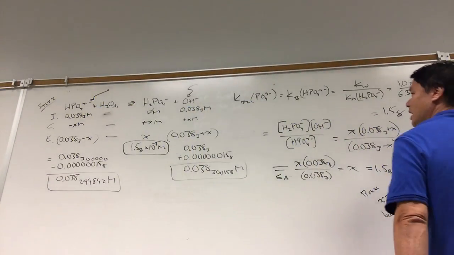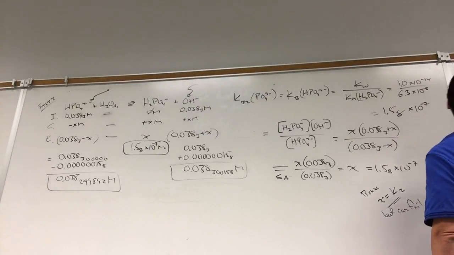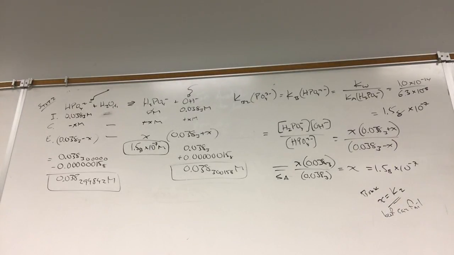And so I'm going to do an aside over here. Monohydrogen phosphate is amphoteric, and amphoteric means the collisions can result in two different things.